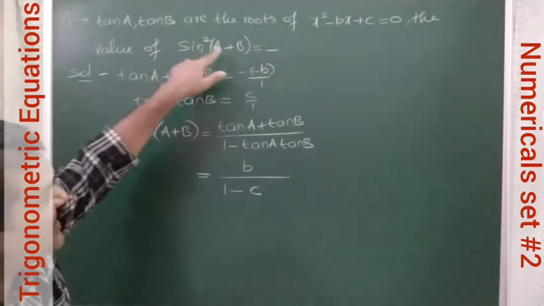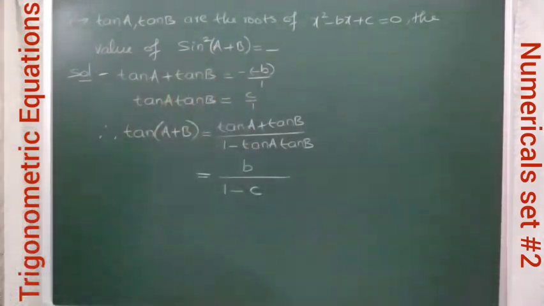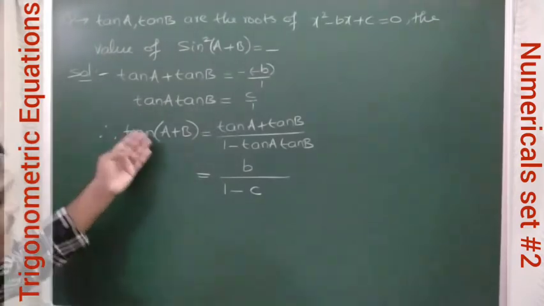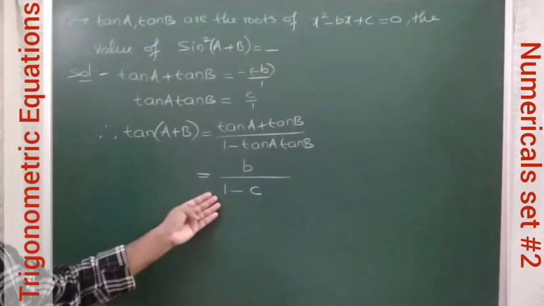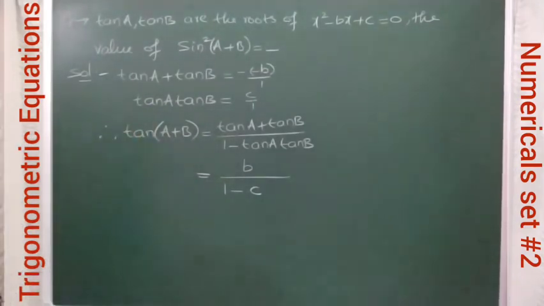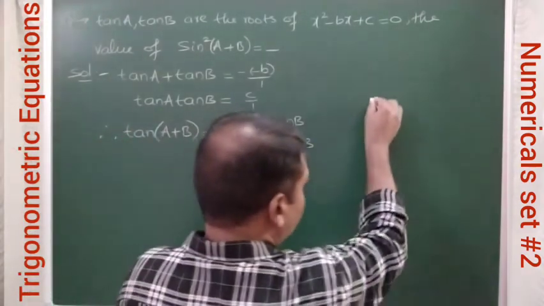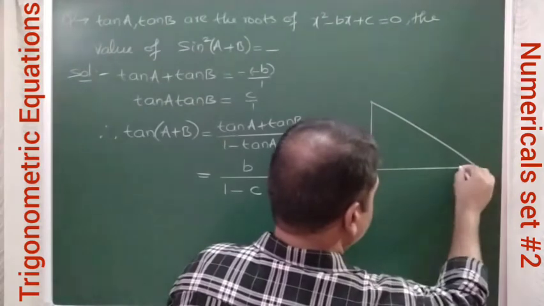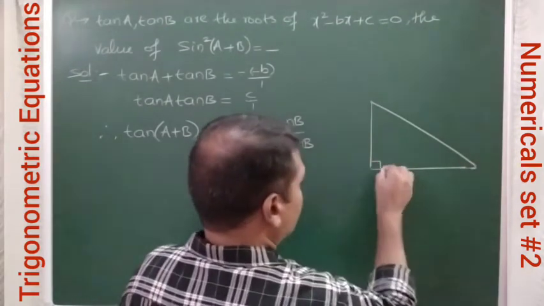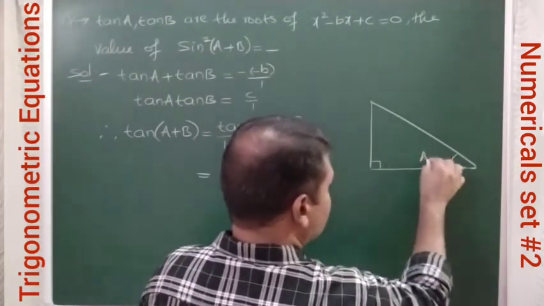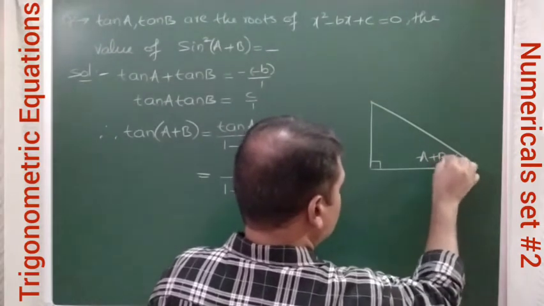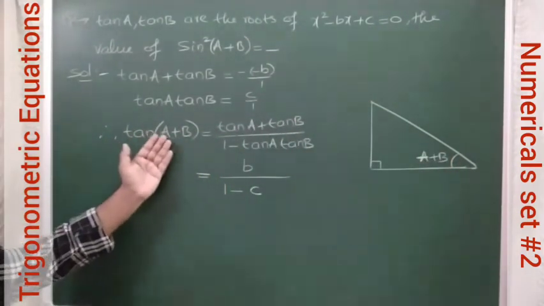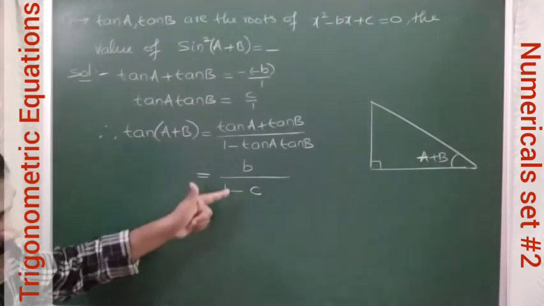And what we need is sin square (A plus B). When we know tan (A plus B), by considering a right angle triangle, we can write the sin (A plus B) value. I am taking a right angle triangle in which one of the angles is A plus B. Because A plus B is the angle, tan of (A plus B) is opposite by adjacent.